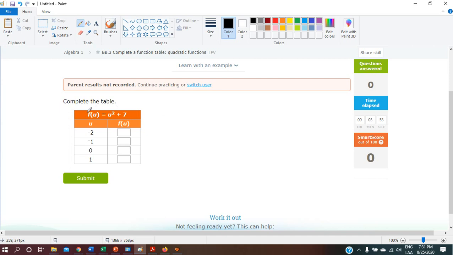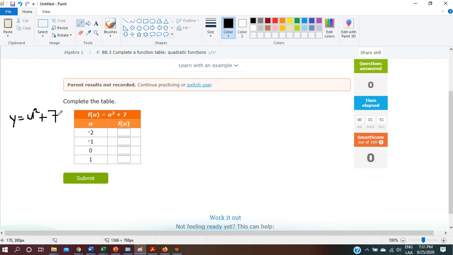Okay, so f of u in this case is the same as y. Remember the other functions that we were seeing, they were like y equals u squared plus 7.